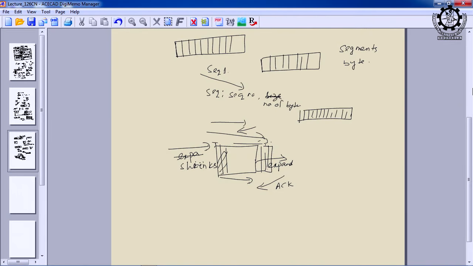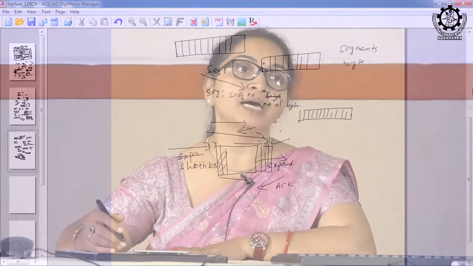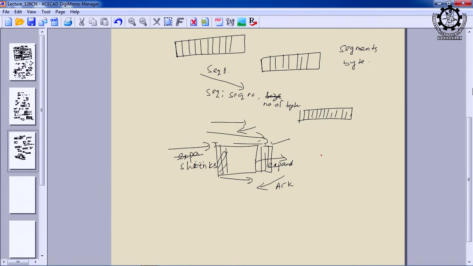So, how this sequence is being done is slightly different from what we studied in the frame sliding window for the DLL, because it has a separate feature called window management, how it manages the window, which is more trivial than the one we studied.